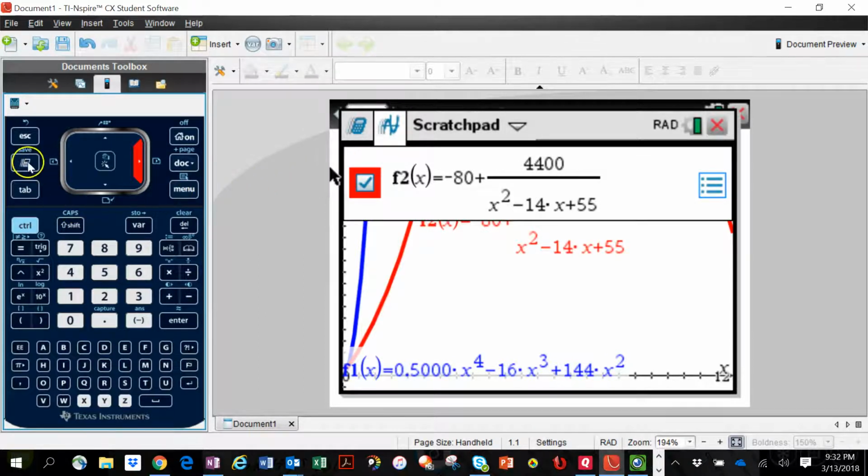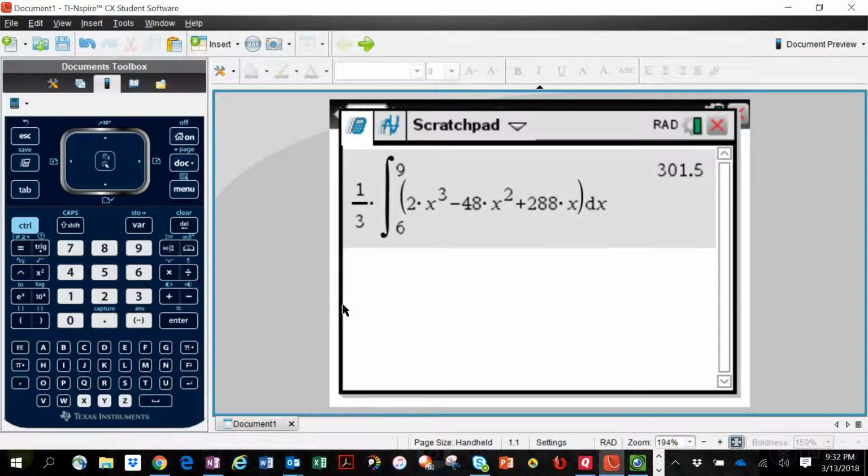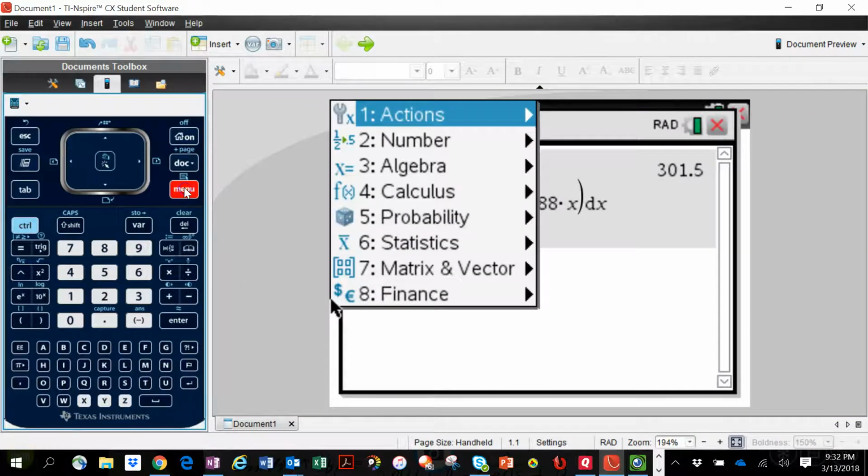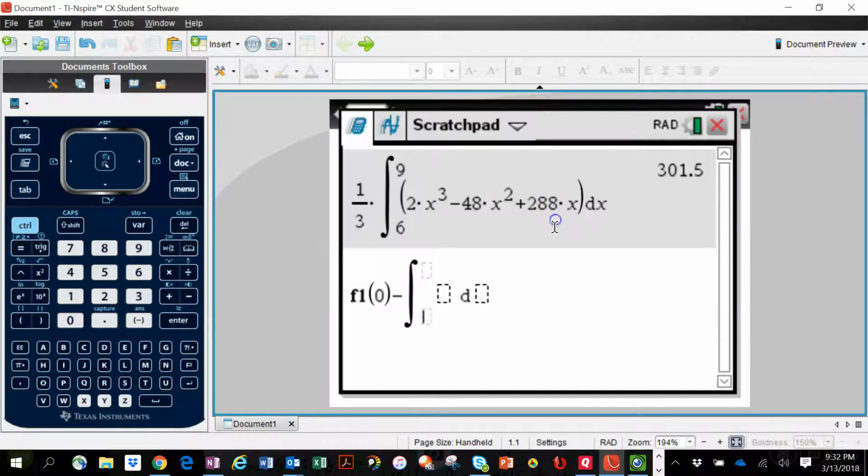Okay, now let's go back over here. I need to evaluate the number of people in the store at time t equals 0. So I'm going to evaluate the original function at time 0 minus the numerical integral of the next function from 0 to 0.